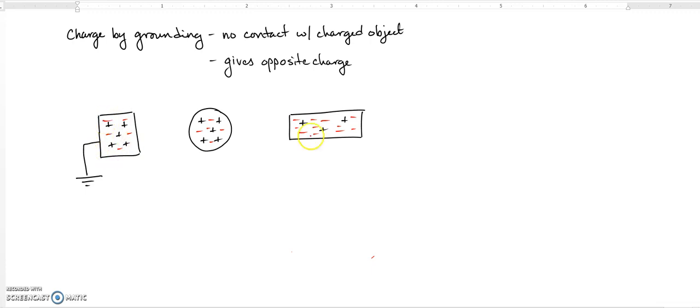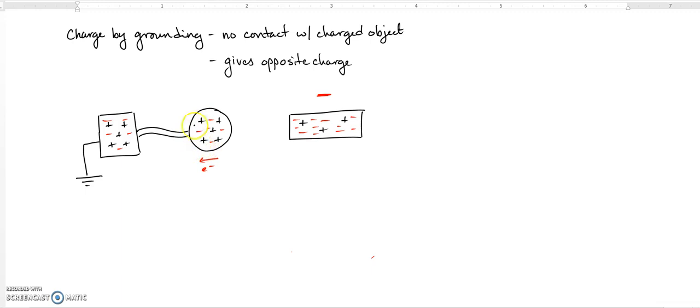All right, so now here's a series of steps. When this negative object is brought near this, we have that polarization where the negatives are going to move in this direction. So they're going to kind of fill up on this side. But if I've connected it to ground, so let's connect it to ground by drawing some wires, then those electrons can run farther away.